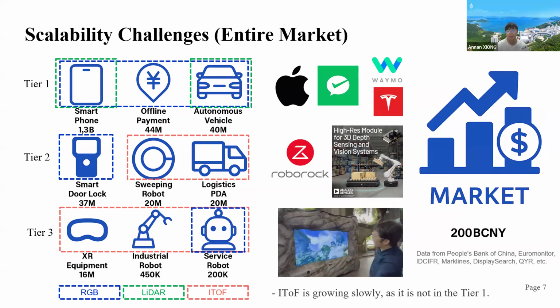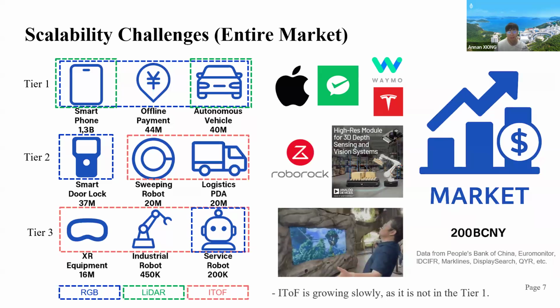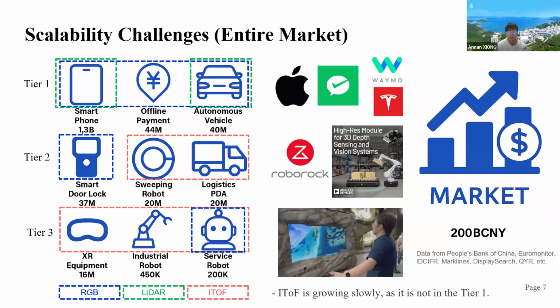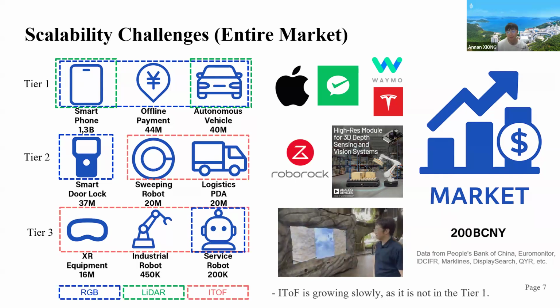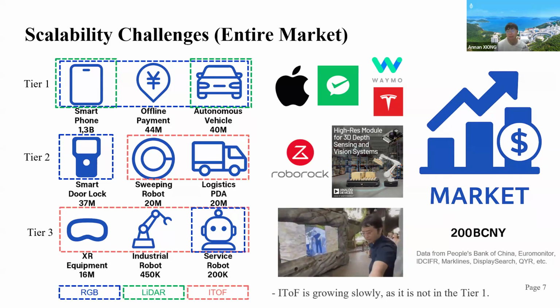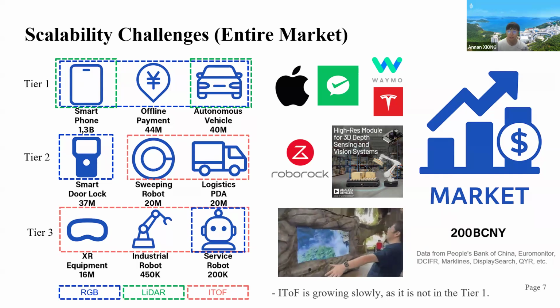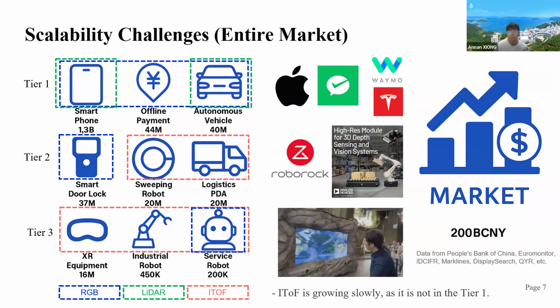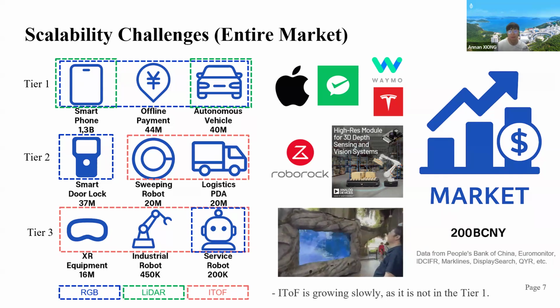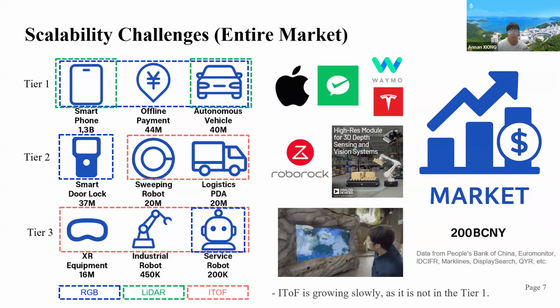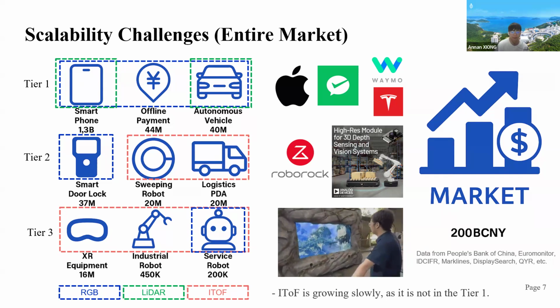However, the market size of tier 2 and tier 3 is not as large as the first. Therefore, iToF is growing slowly as it is not in tier 1. Although the entire depth estimation market is estimated to be 200 billion Chinese yuan, we have to say that iToF is still growing the slowest and cannot earn much profit in the market.